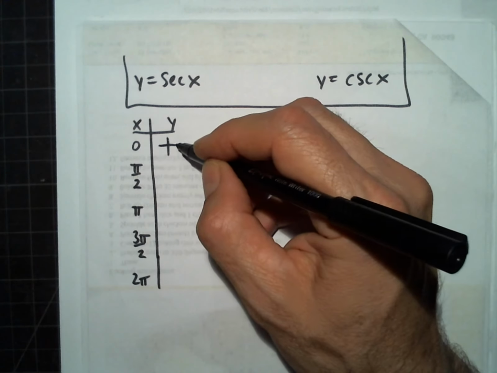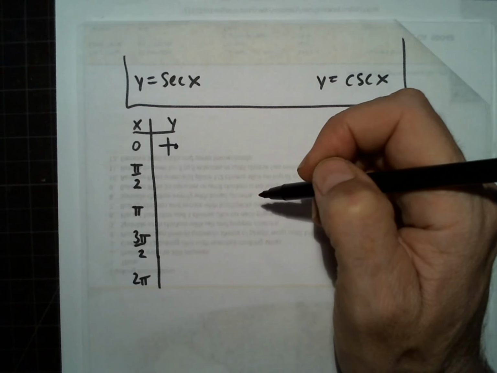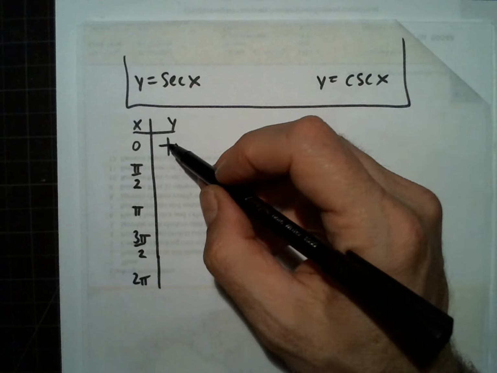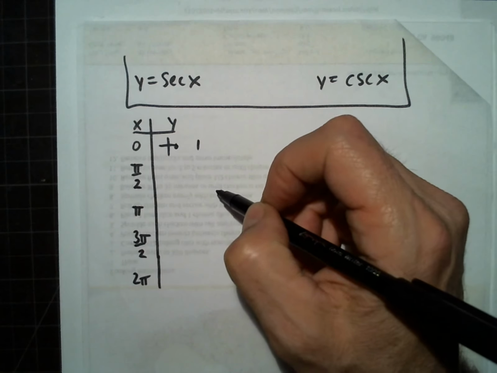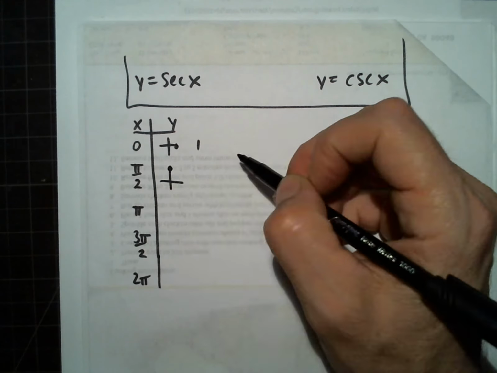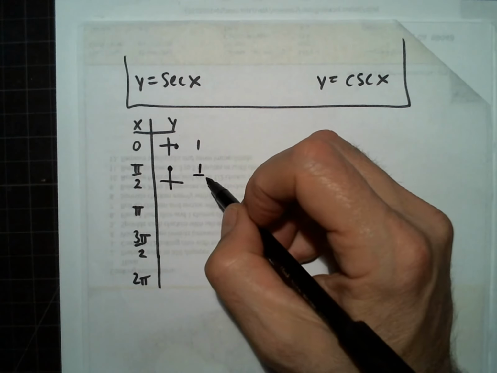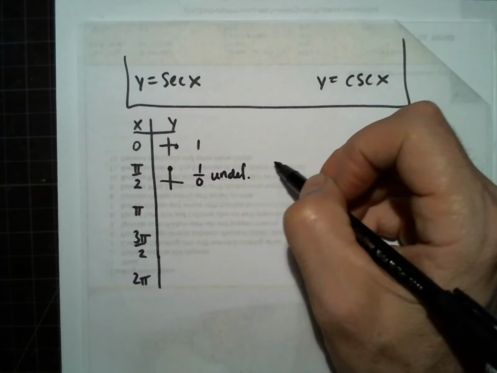If we're at 0 degrees and we want to have r over x, the radius is 1 and the x is 1, so r over x is 1. At pi over 2, the radius is 1 and the x is 0, undefined.